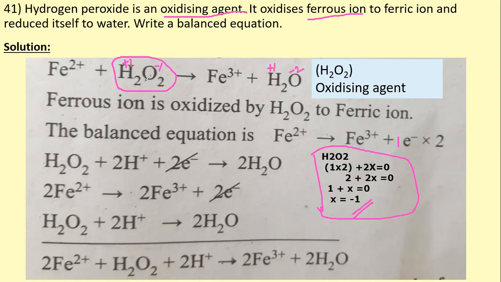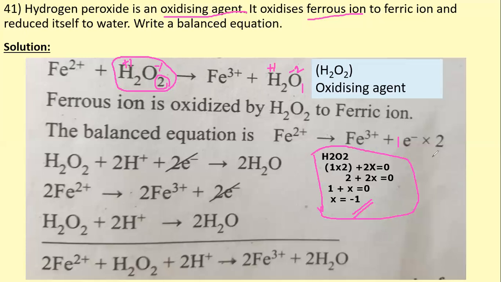See here, on comparing this oxygen in H2O2 and this oxygen in H2O, we have 2 oxygen here but only 1 oxygen there. Minus 1 here and minus 2 there, so the difference is simply 1 electron. Here there are 2 oxygen atoms, but there only 1 oxygen atom, so we have to multiply by 2 to balance it.